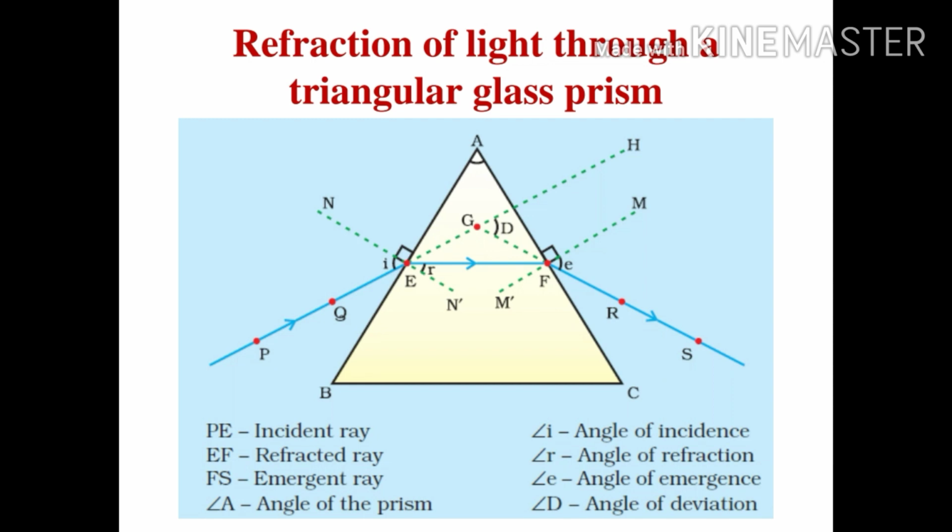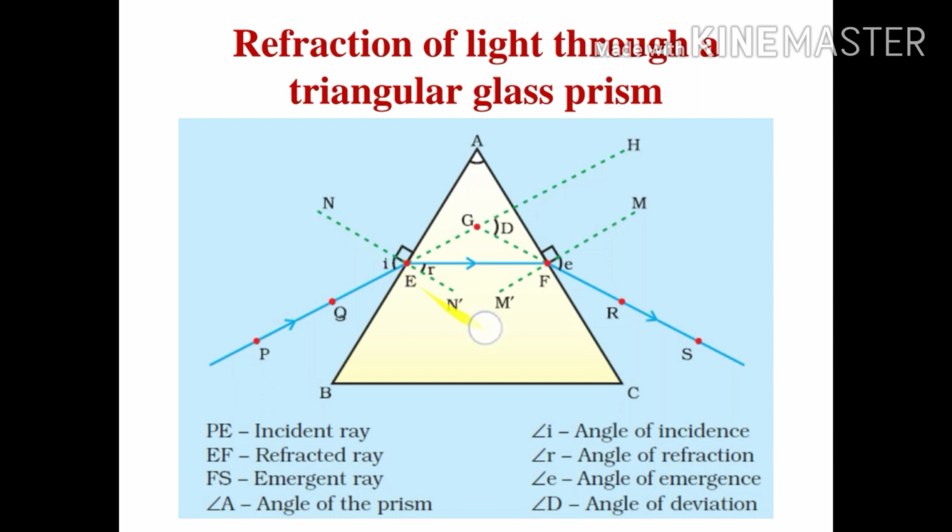We put a glass prism on a paper and do this activity. In that activity, this is the incident ray. Incident ray means the direction along which the light ray falls on this surface of the prism.